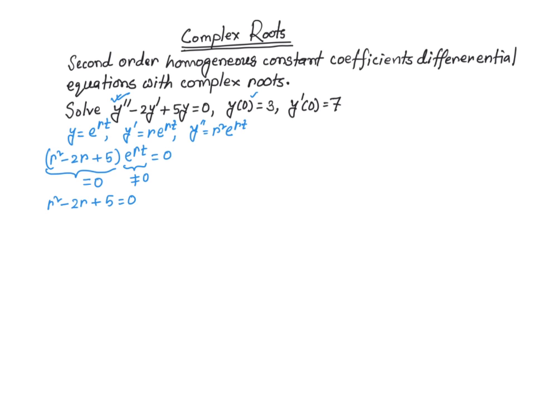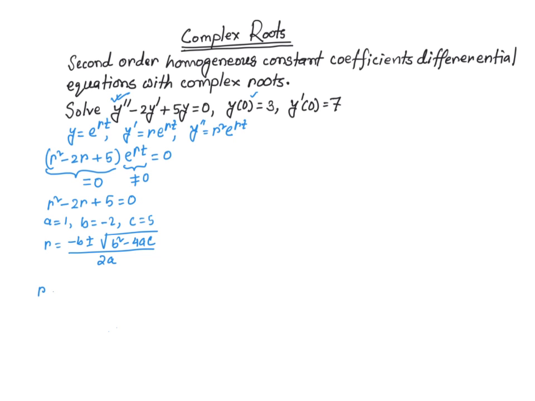My a is 1, b is negative 2, and c is 5. So if I use the quadratic formula, I'm going to get r is equal to negative b plus or minus square root of b square minus 4ac, all of it divided by 2 times a.